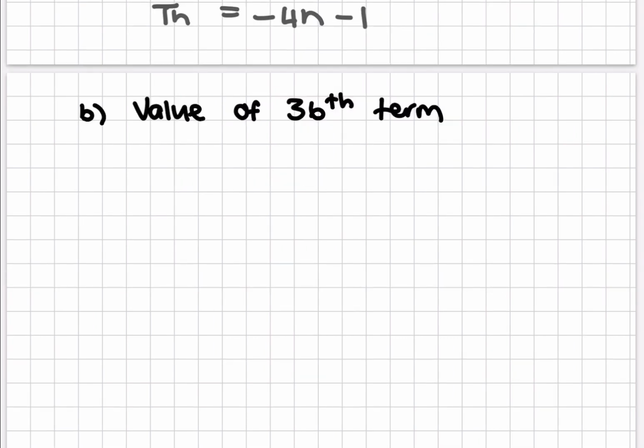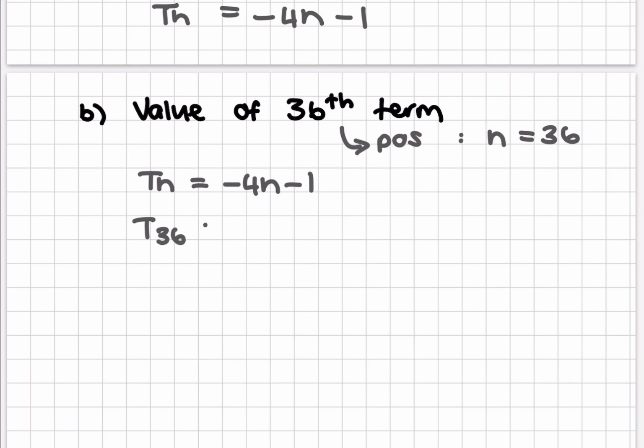Okay, let's have a look at B. We want to calculate the value of the 36th term. This is giving us a position, right? Which means where n is equal to 36. So we're going to use our formula that we calculated, -4n minus 1. And we're going to say term 36, the 36th term.